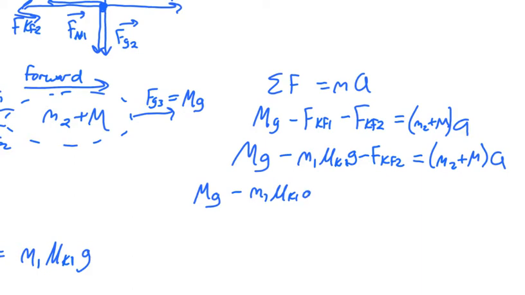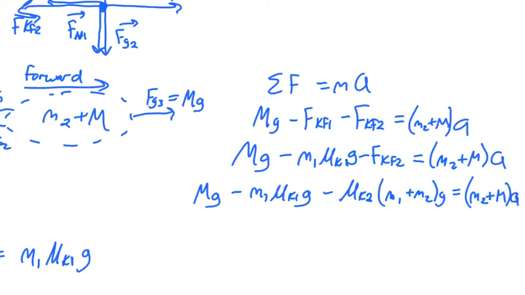There we go. Okay. Minus mu k2 times the normal force, which will be the same as m1 plus m2 times g. All right, and then that's going to be equal to m2 plus big M times a.